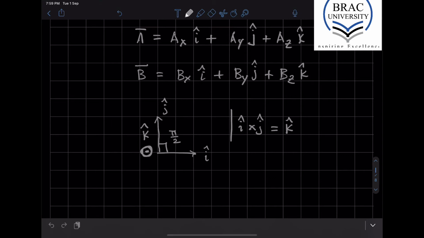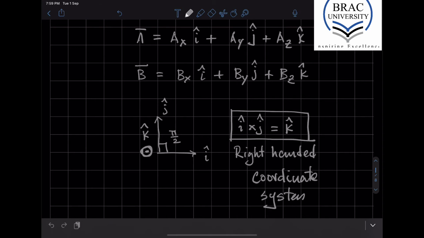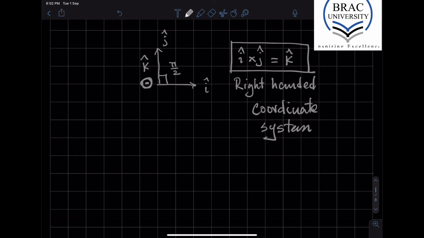Because we are using this to define our three-dimensional Cartesian coordinate system, such a coordinate system is called the right-handed coordinate system. Given a right-handed coordinate system, we can consider cyclic combinations of i, j, and k and consider their cross products.